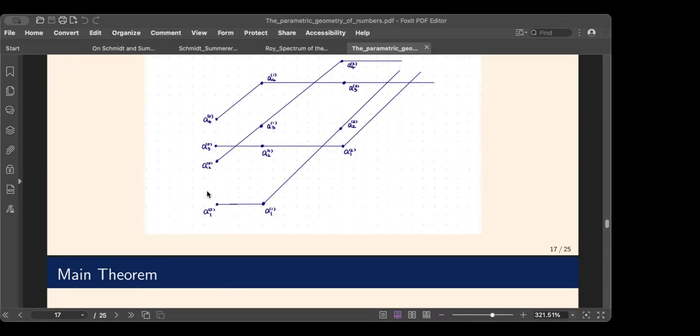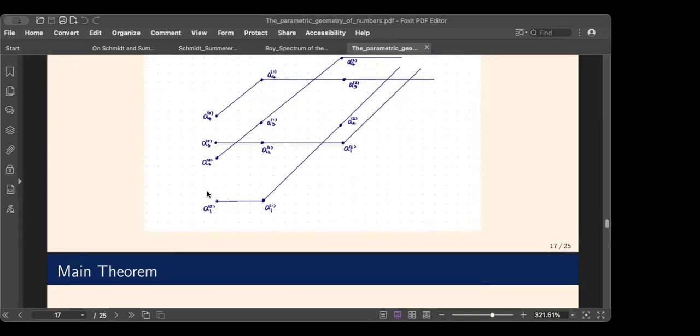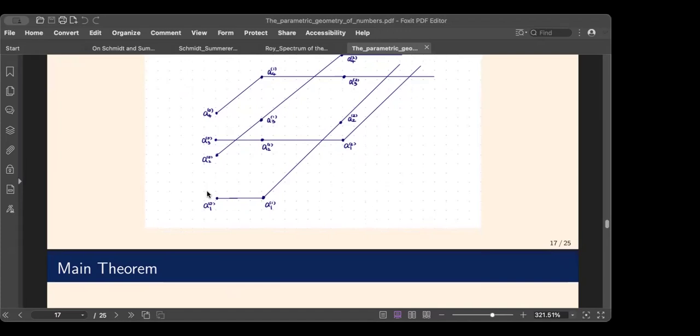Then these two maps LU1 and LU2 will match this graph. I think it's a theorem given by Schmidt and Zumira. I'm not quite sure about this.